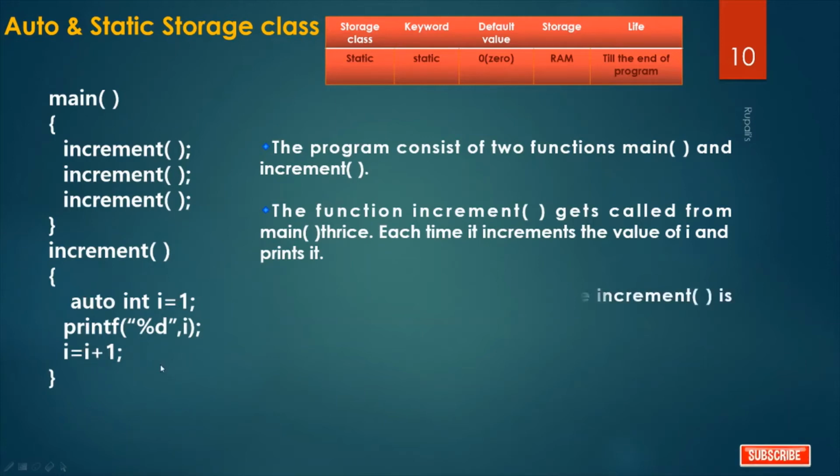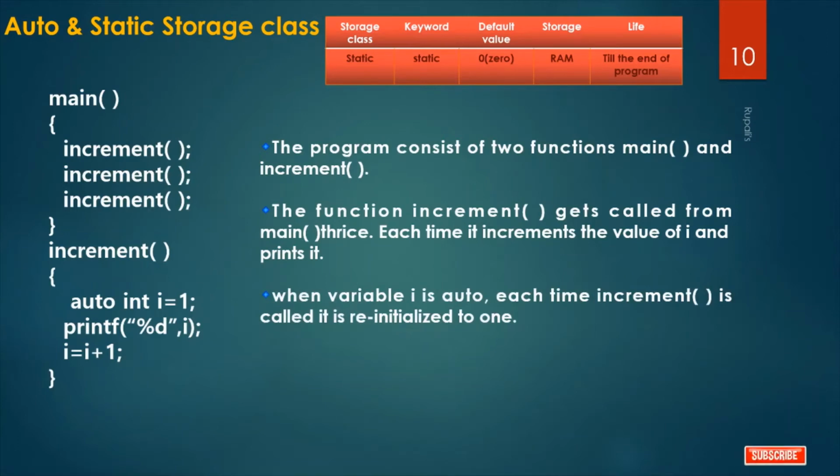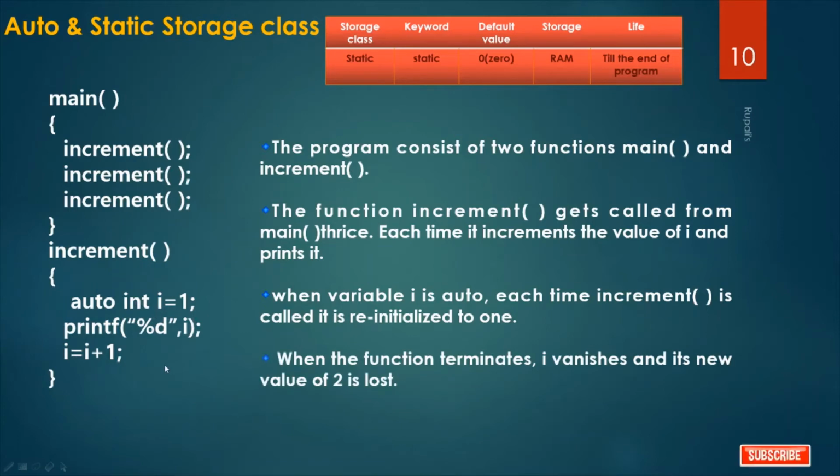Now see, when the variable I is auto, each time increment is called, it is reinitialized to 1. When the function terminates, I vanishes and its new value of 2 is lost, because the scope of I is local to this function.